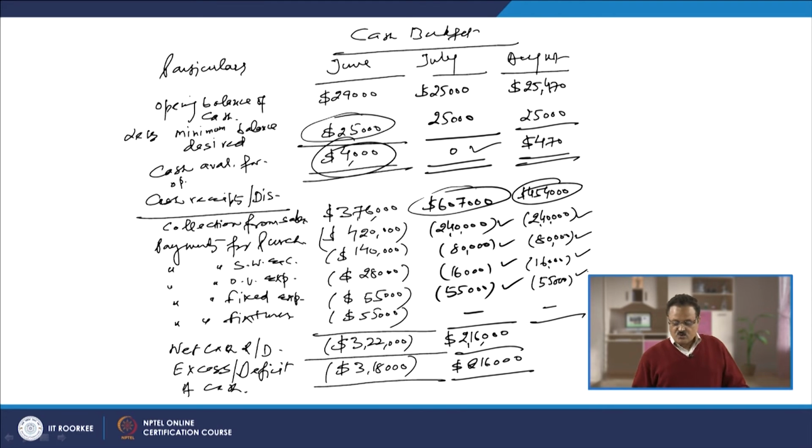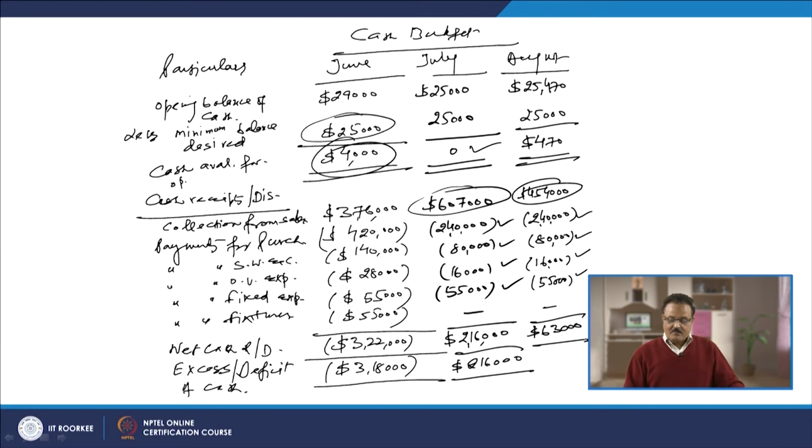If you total up the total payments and subtract it from the total collections of $454,000, this amount works out as $63,000, which is again a positive balance. In this month also we have a surplus of $63,000.